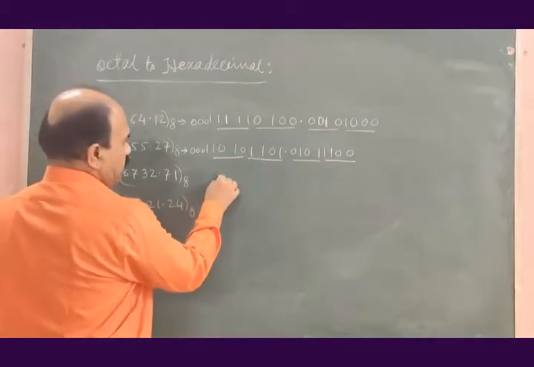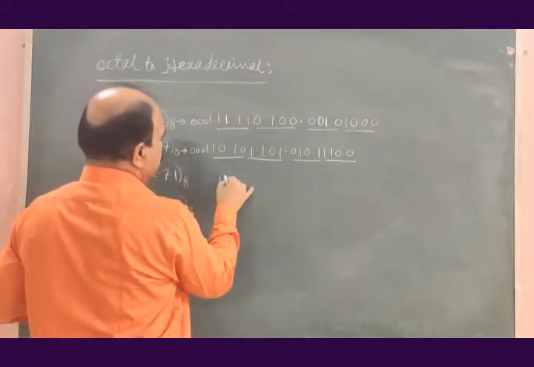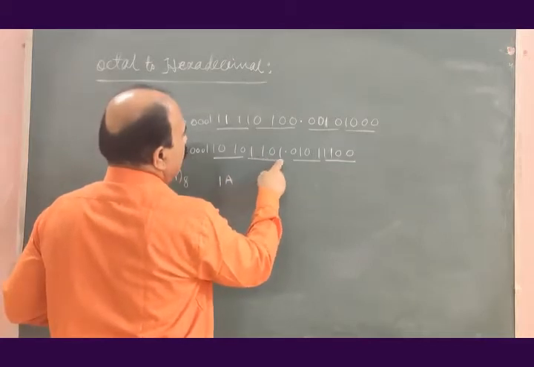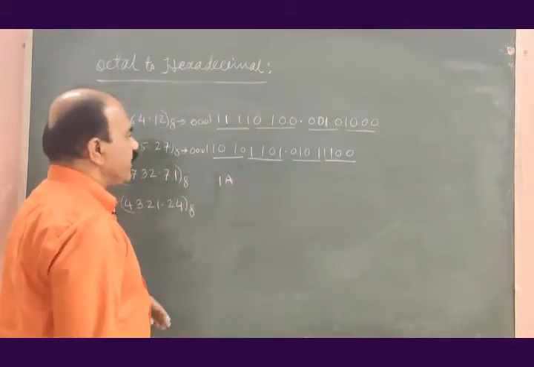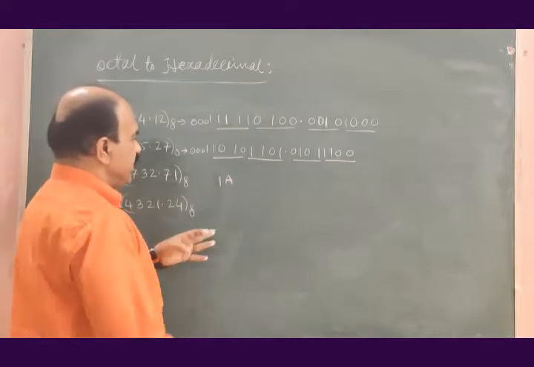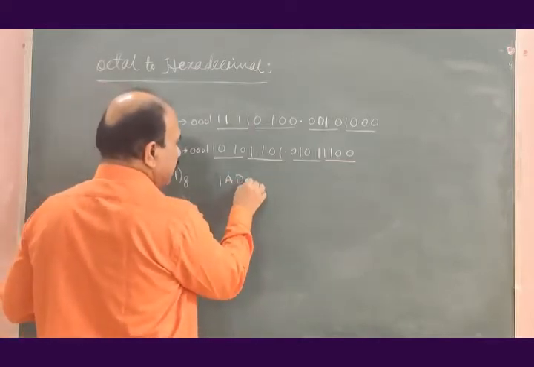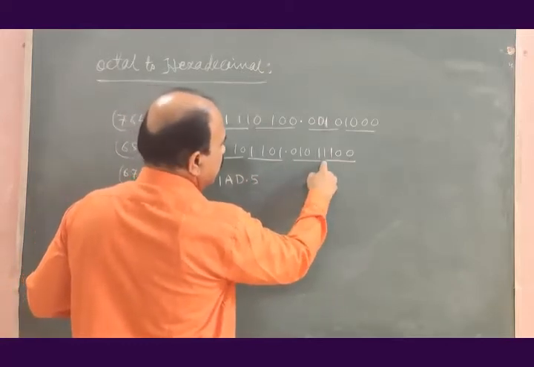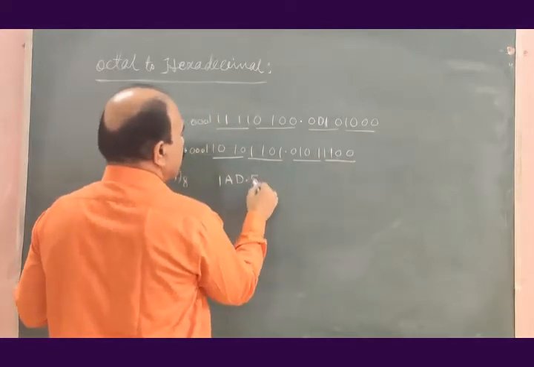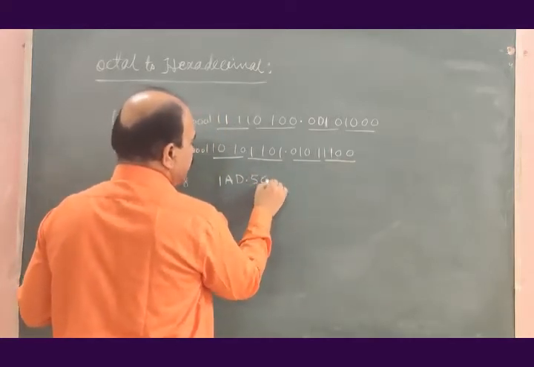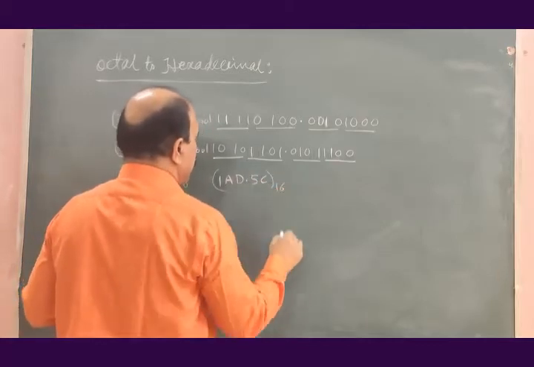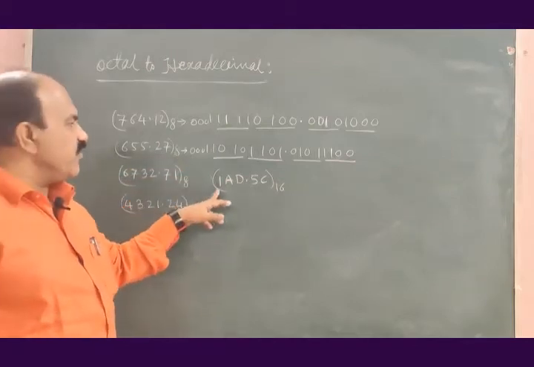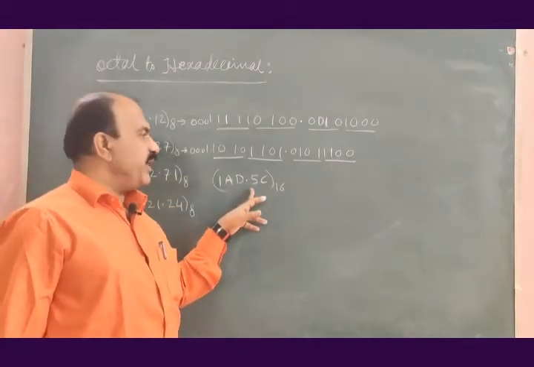This is 1, this is 10 meaning A, this is 12 plus 1, 13, that is D. Hexadecimal point, this is 5 and this is 12, that is C. So 655.28 in octal is 1AD.5C in hex.